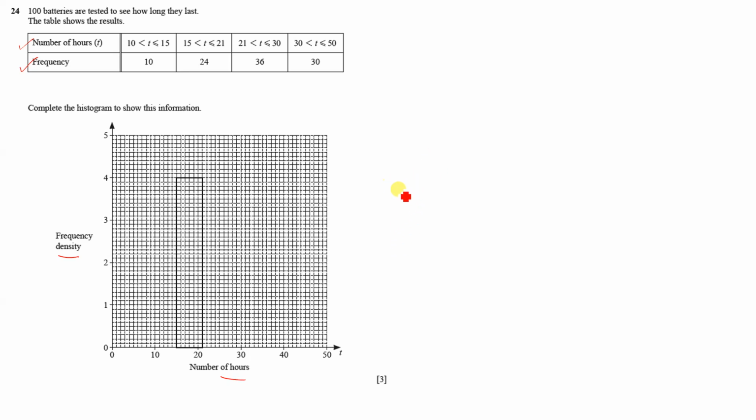So we have to find the frequency density first. For this class, frequency density would be 10 divided by 15 minus 10. So that is equal to 10 divided by 5, which is 2.